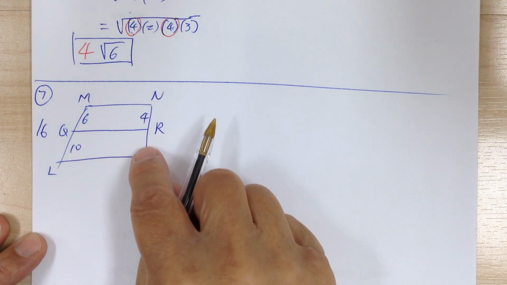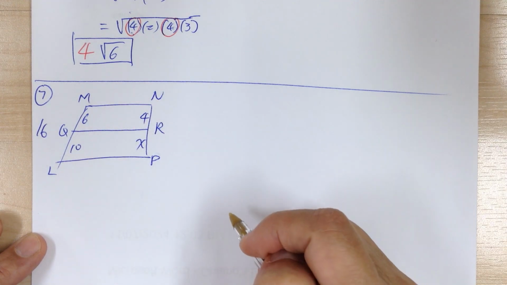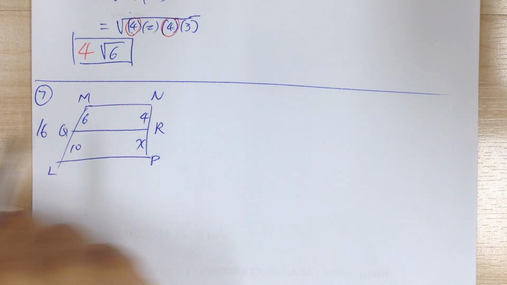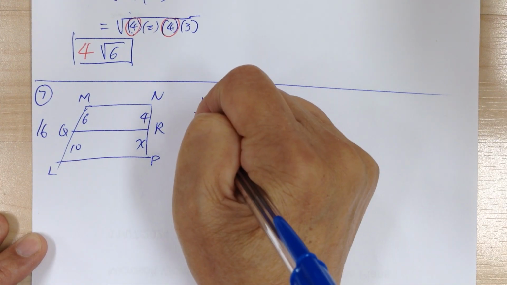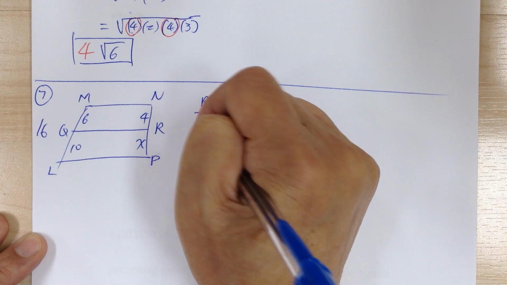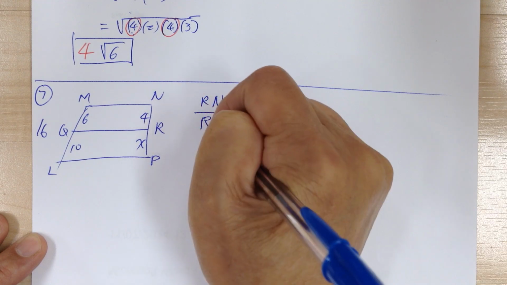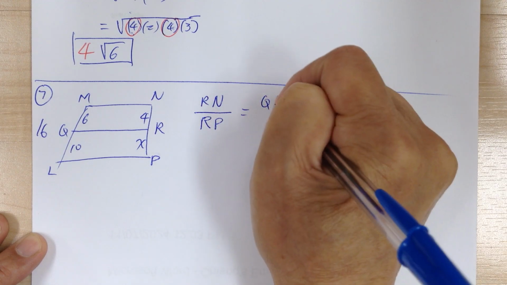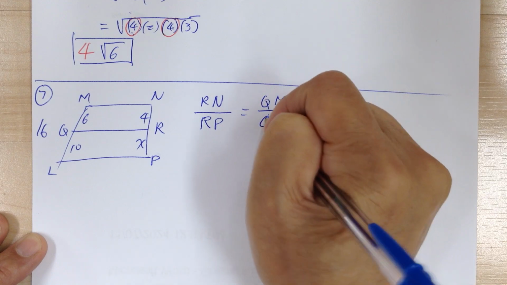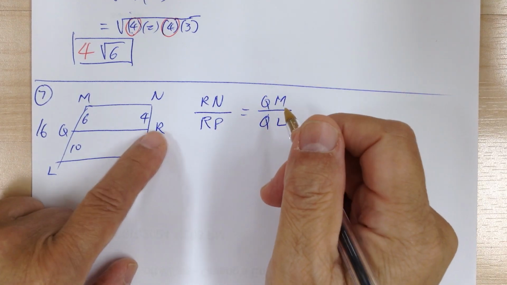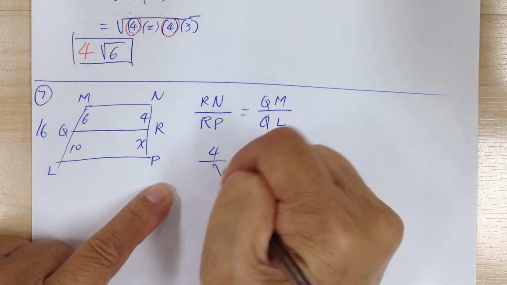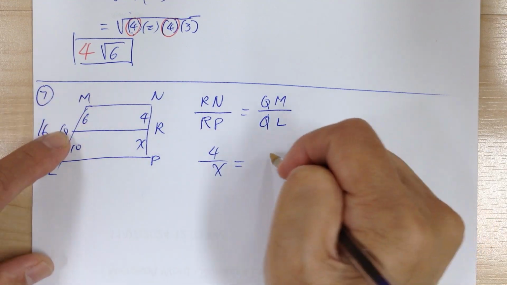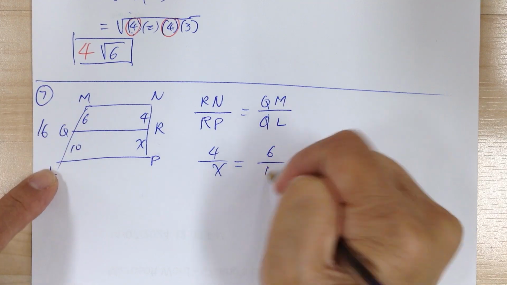Okay, so you're looking for RP, so you can call this X. And again, they kind of give you the proportional rate. They give you RN. So it's really easy because they already give you the proportional rate. So RP over RN equals QM over QL. RN is 4, I just substitute. RP is X, QM is 6, and QL is 10.